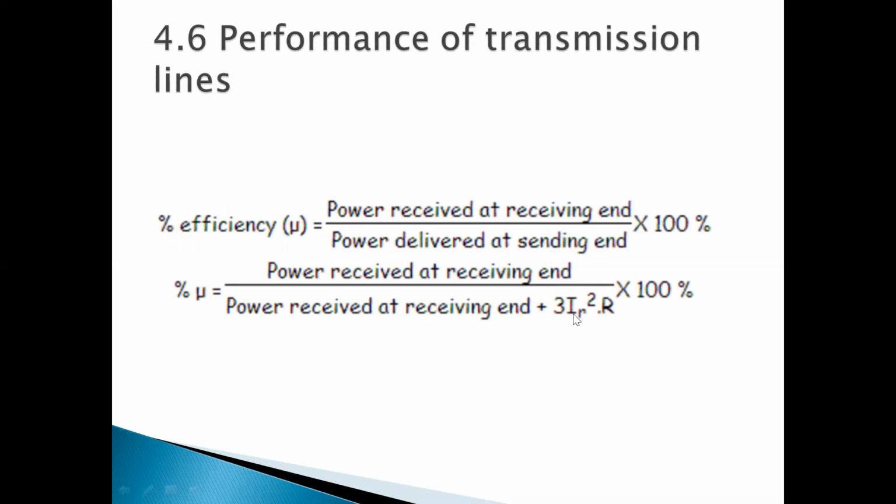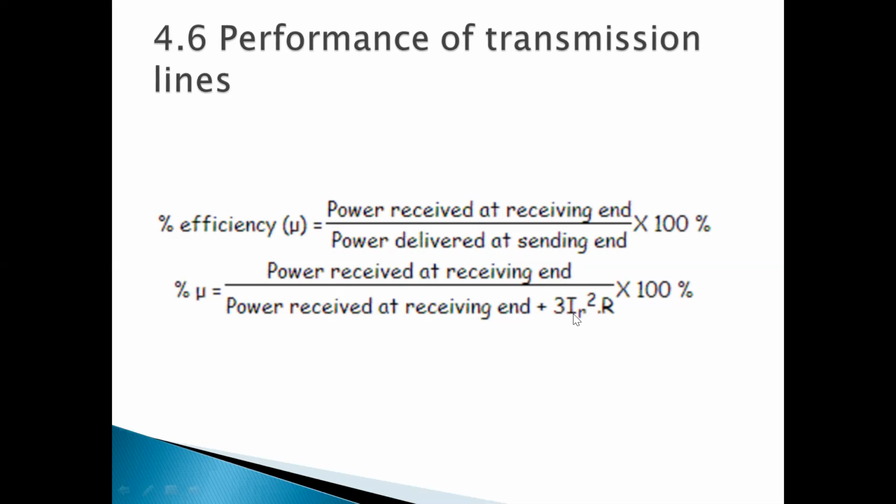But if you don't have the sending end power, you just have the receiving end power and you know the receiving end current, you can use this formula: the power at the receiving end plus 3 I squared R losses. I have explained before what I squared R losses are. Why did we multiply by 3?